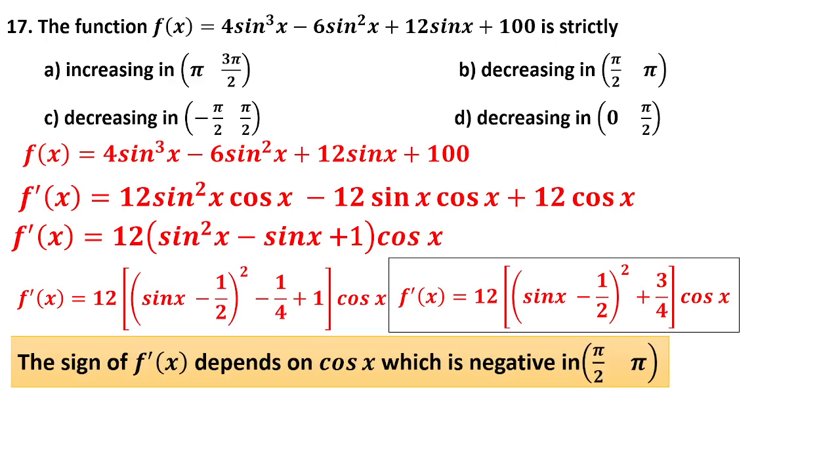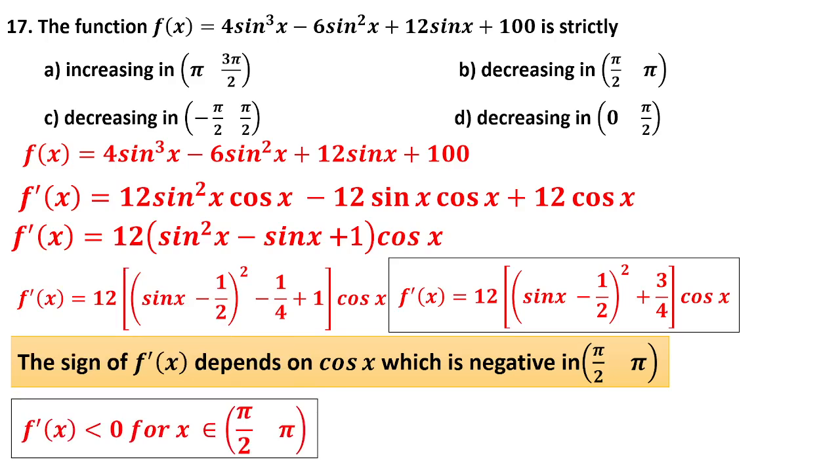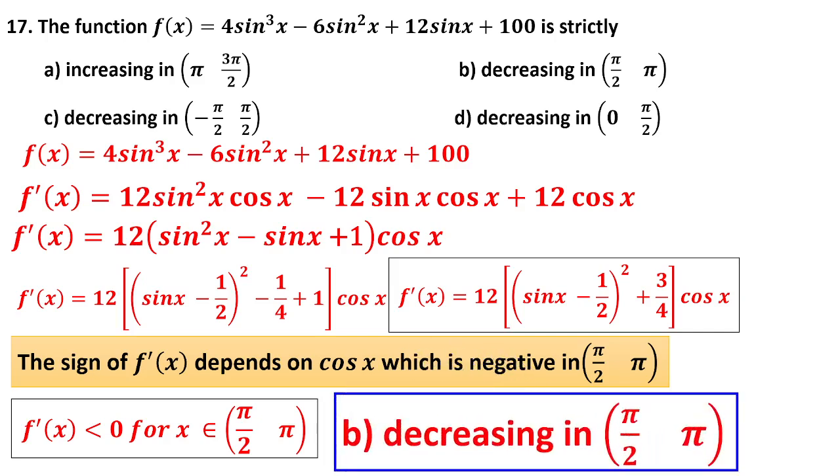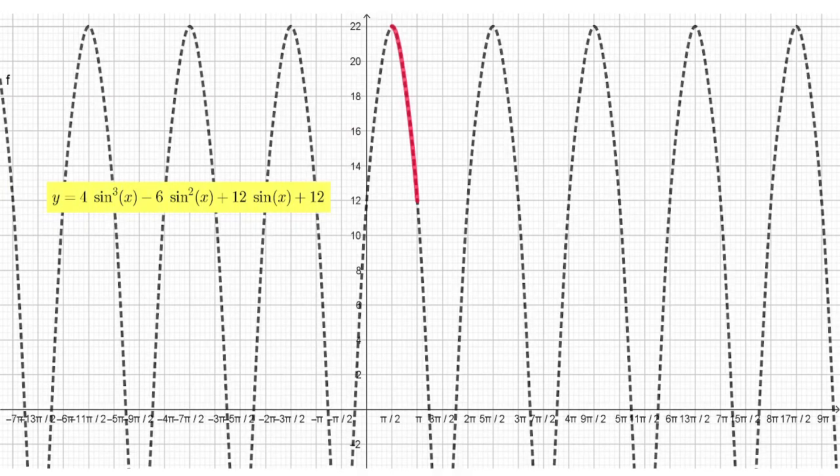But all of you know that in the given interval, cos x is negative in pi by 2 to pi. Therefore f dash of x is less than 0 for pi by 2 to pi. Therefore option B is correct, decreasing in pi by 2 to pi. Let us visualize this on a graph sheet. You are visualizing it. This function which is given is decreasing from pi by 2 to pi.